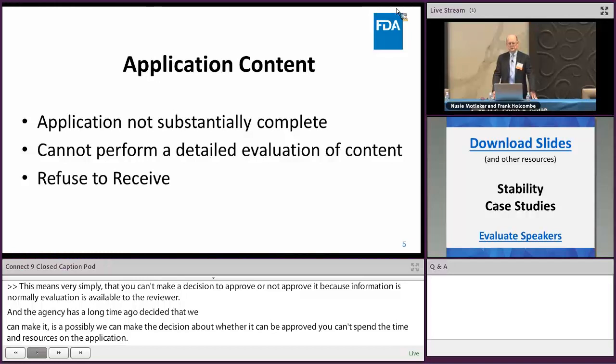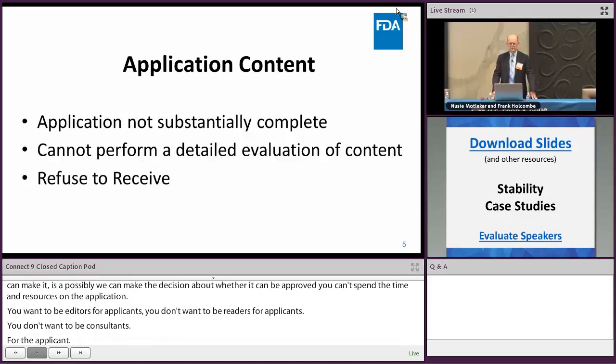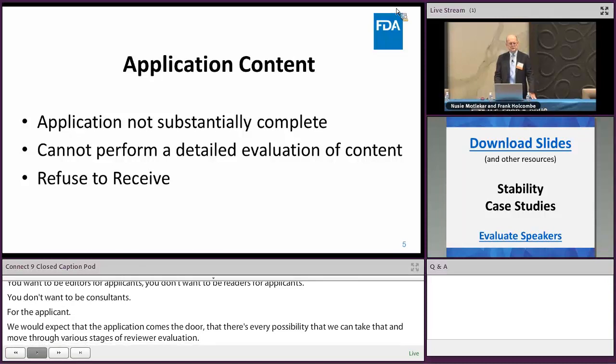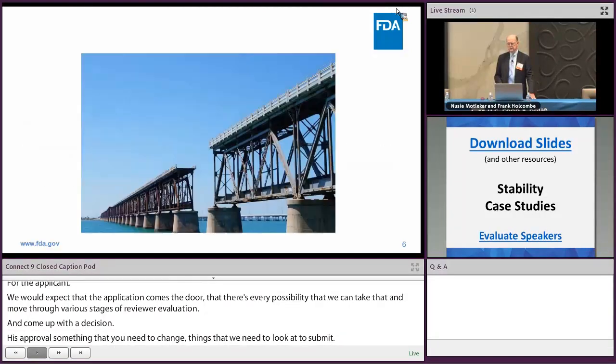We would expect that when an application comes through the door, there's every possibility that we can move through our various stages of review or evaluation, and come up with a decision. It's approvable, or here are some things that you need to change, not some things that we need to look at because you didn't send them in. So that's some of the rationale behind a refuse to receive.